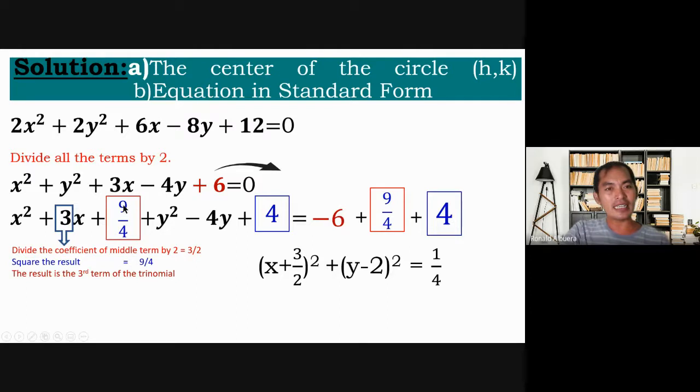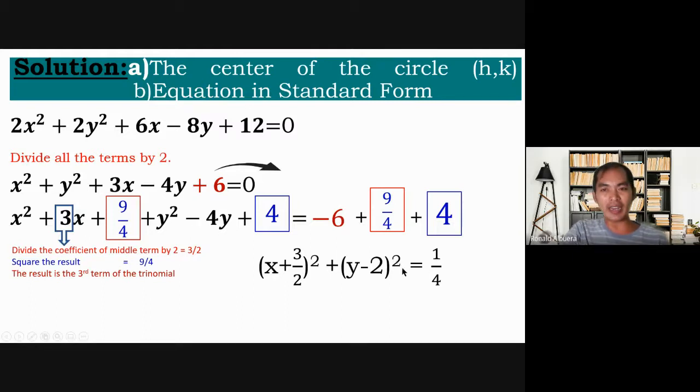And get the square root of 9 over 4, which is 3 halves. And where does this plus come from? We just copy the plus sign of 3x and the minus sign of 4y. Where does the y come from? From y squared. Where does negative 2 come from? Square root of 4, which is 2. Where does this negative come from? From the sign of 4y.